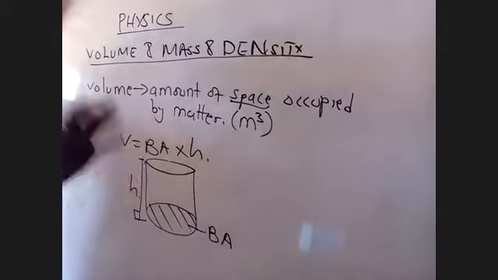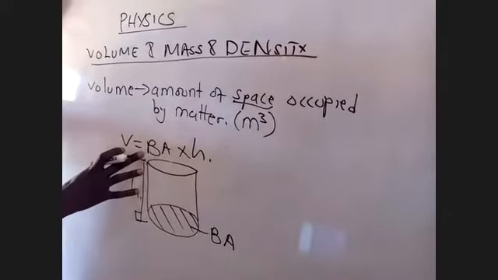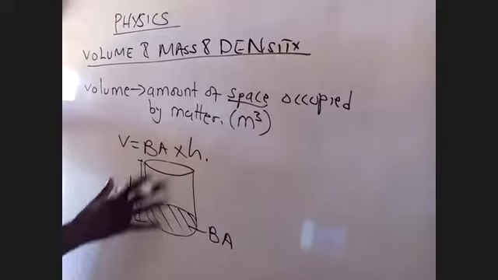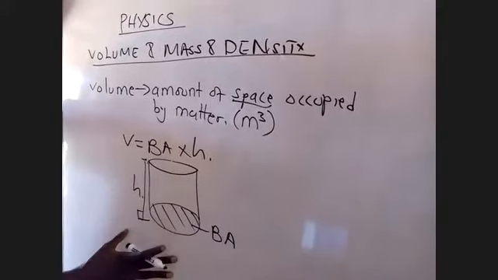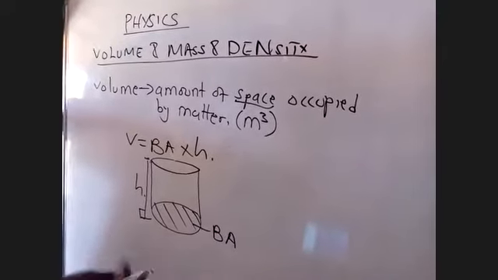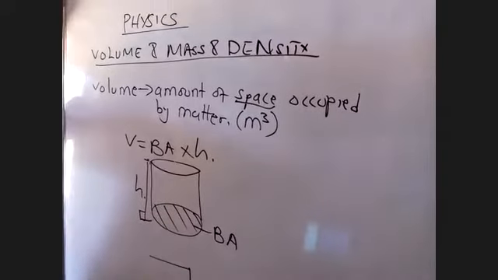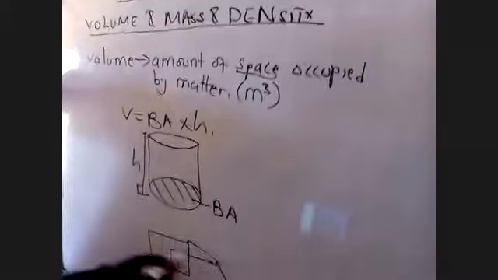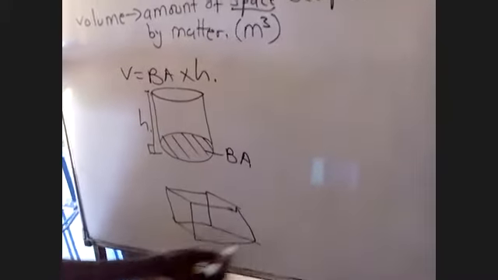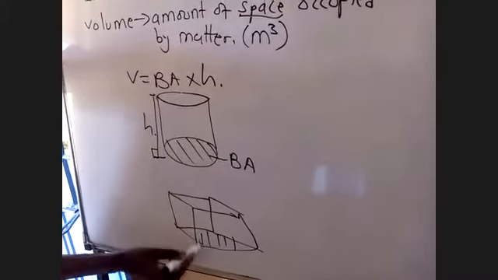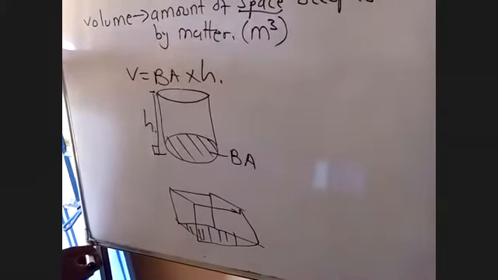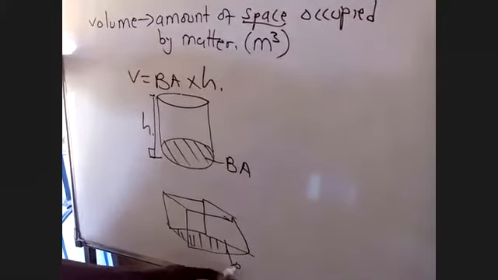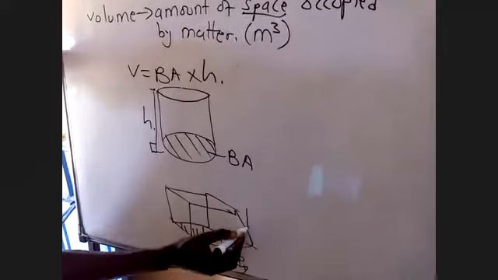So in any object or figure that you are given, volume is given by taking the base area and multiplying by the perpendicular height. If it is a cuboid, it rests on that surface. That is the surface on which this cuboid rests. Therefore, this is its base area, and this is the height.